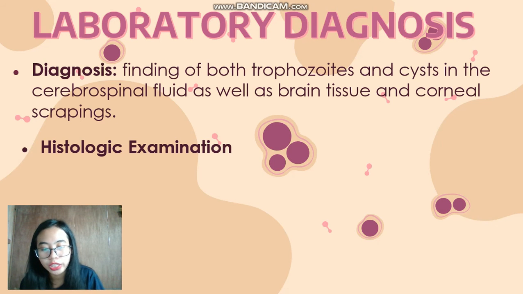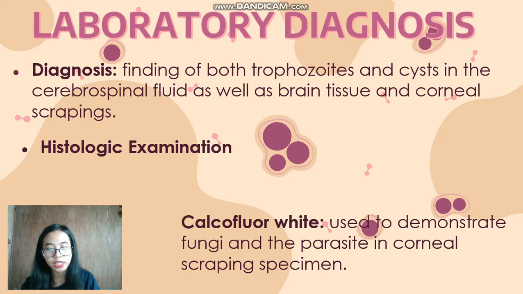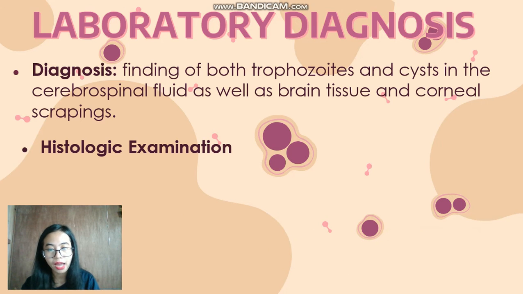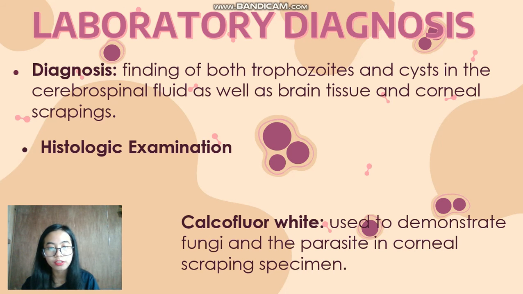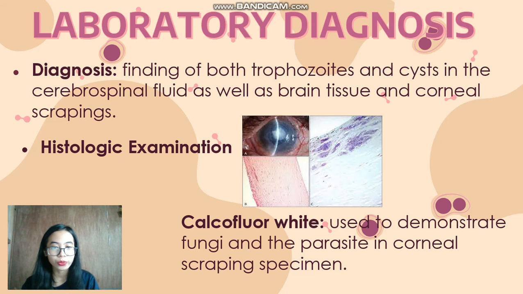Histologic examination of corneal scraping may also be done, and through the use of calcofluor white, you can demonstrate the fungi and the parasite in the corneal scraping specimen. This is the histologic examination of the eye affected by the disease.